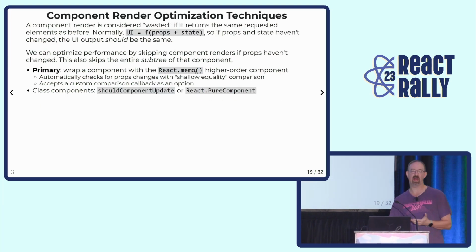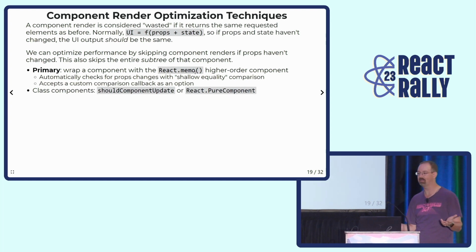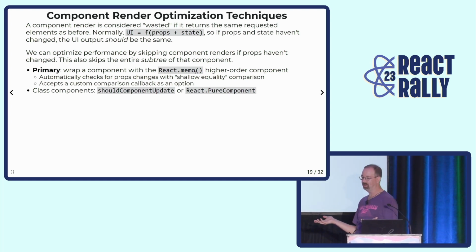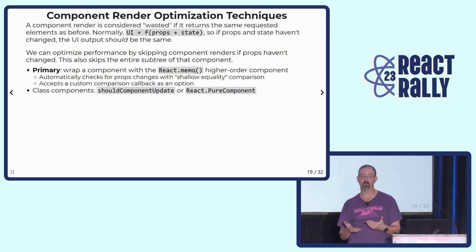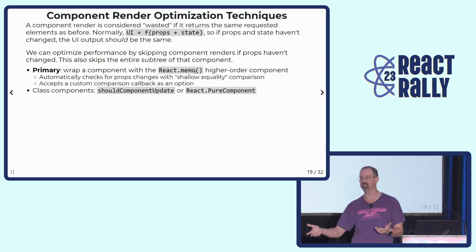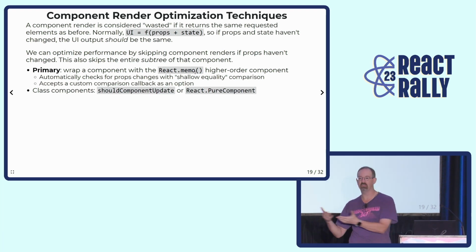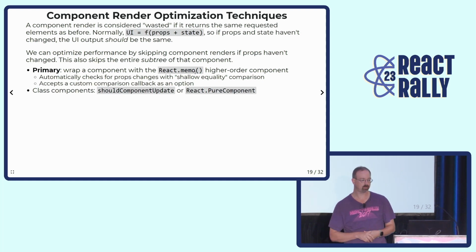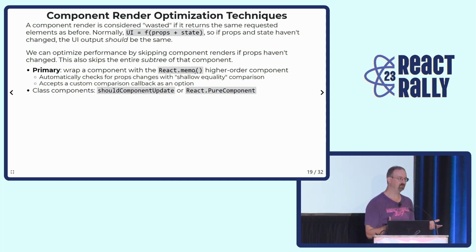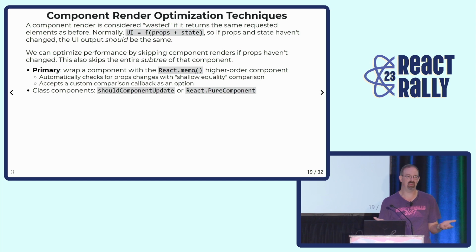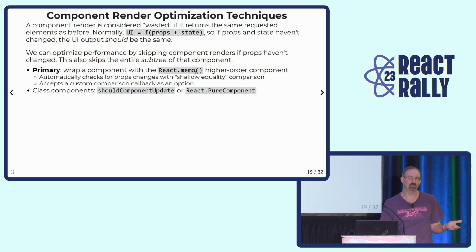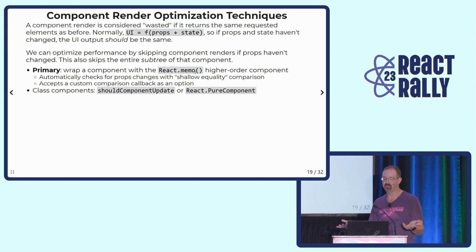So we said earlier that there's times that the render output might be exactly the same. And this makes sense because components are supposed to be literally a function of the props and the state. Same props and state should result in the same output. So we can say that if it returned the same result, then it was probably a waste of effort, like that was JavaScript time that didn't need to happen.